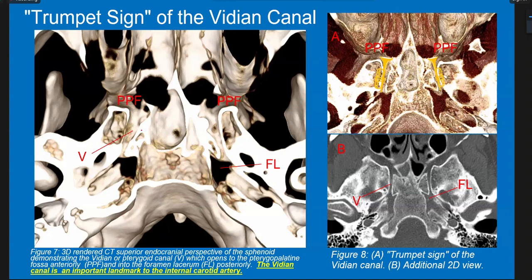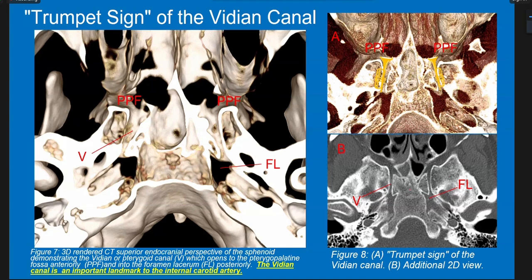So this is the Vidian canal. This is what you call the trumpet sign, because the wider part opens here anteriorly in the pterygopalatine fossa, and the narrower part would open up into the foramen lacerum. So here's your foramen lacerum.